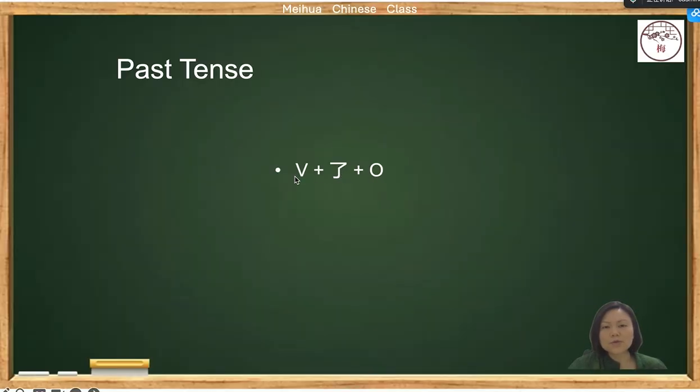Between the verb and object, the action of the verb, we should add a character 了 or 过. 过 means something happened in the past and it's already finished. The first one, 了, means something happened in the past, but it may not have finished. But anyway, they all happen in the past.